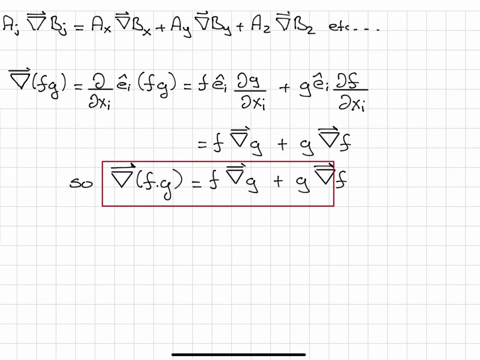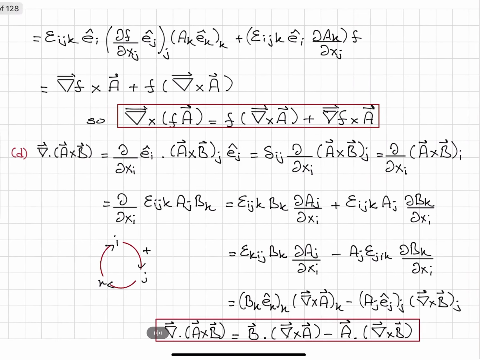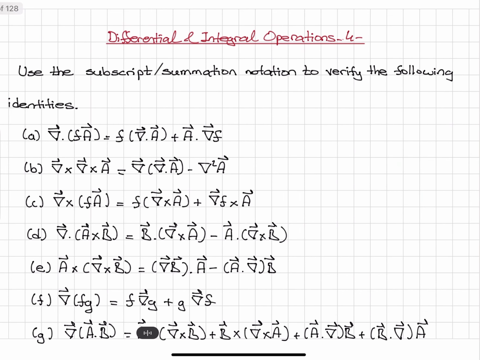So this is our final answer. So let's check if this was the identity we were supposed to prove. Part F, gradient of fg is f gradient g plus g gradient f.